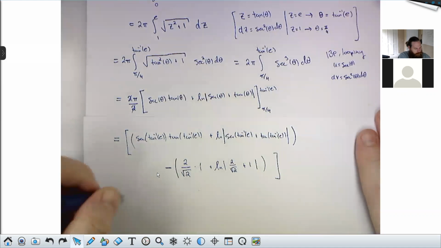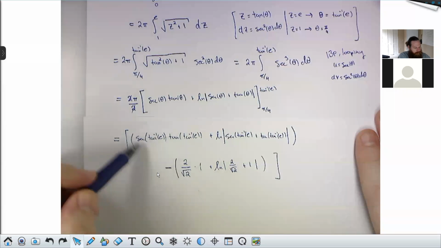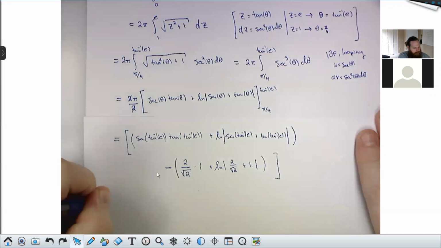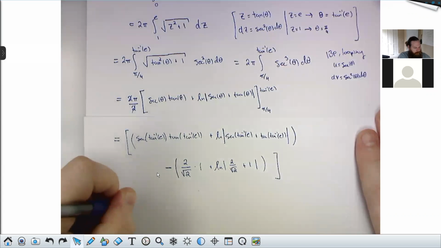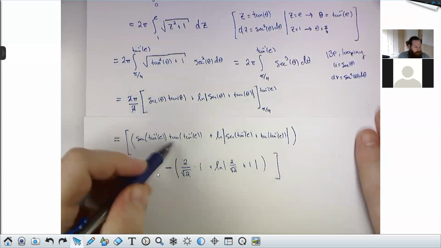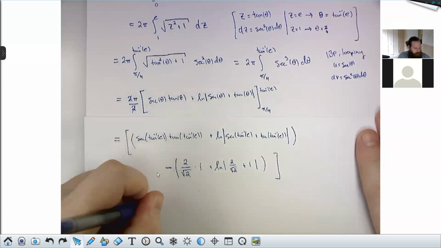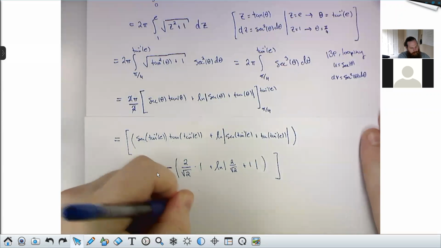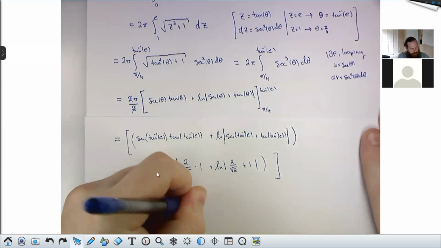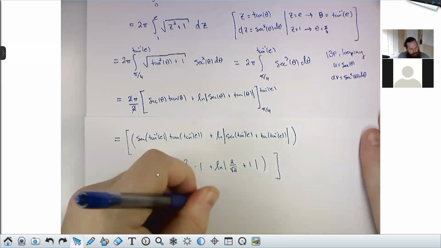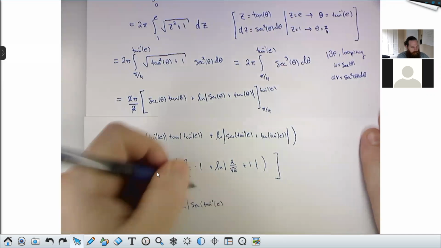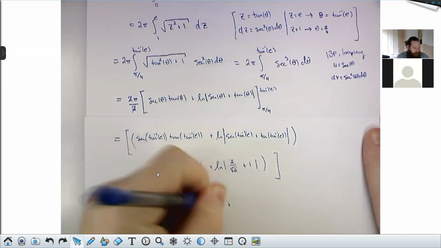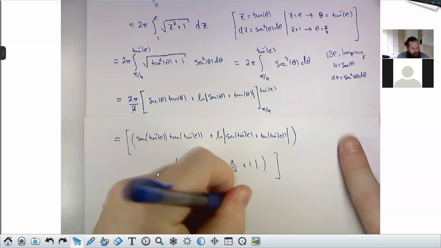So we've got some work to do. I'd like to figure out what this is. First, let me just put this all in one line. So I have secant of arctan of e. The tangent of the inverse tangent of e is just e, plus the natural log of the secant of the inverse tangent of e, plus, again, tan of arctan e, that's just e.